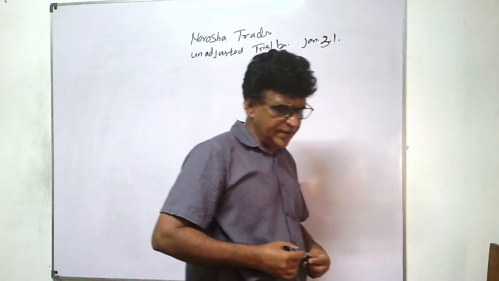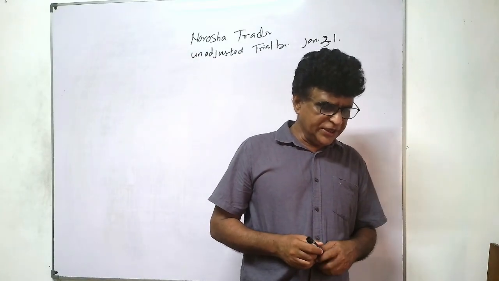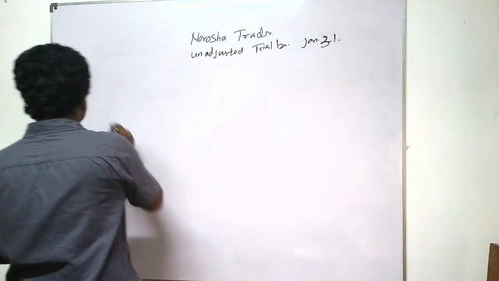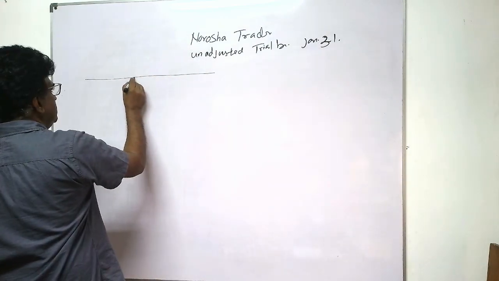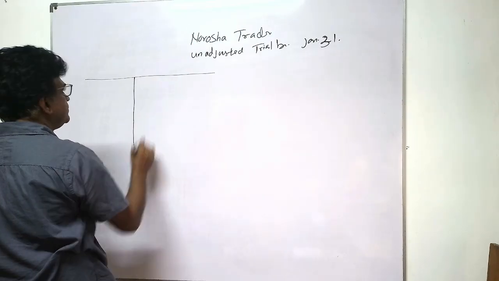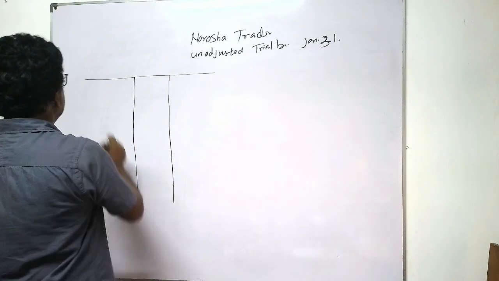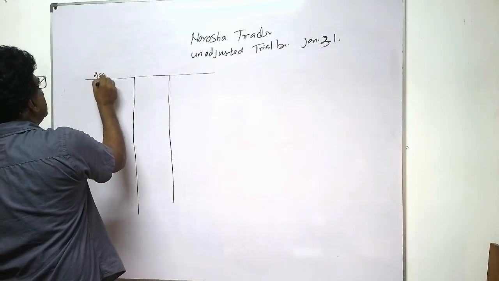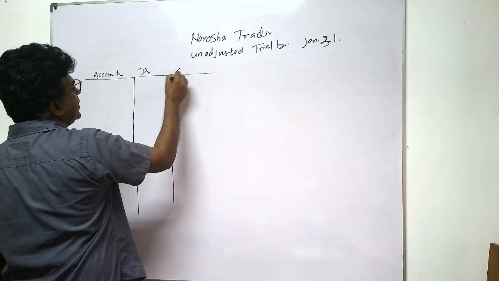It is given to us. Cash account, title, debit, credit.